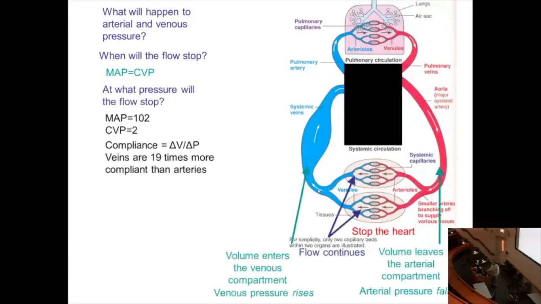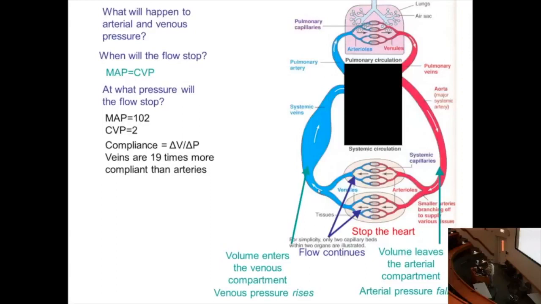The problem is that veins are more compliant than arteries, okay? And what that means is that the veins don't get as big a pressure increase for the same change in volume. Or another way of putting it is that the volume goes up a lot more for a given change in pressure.